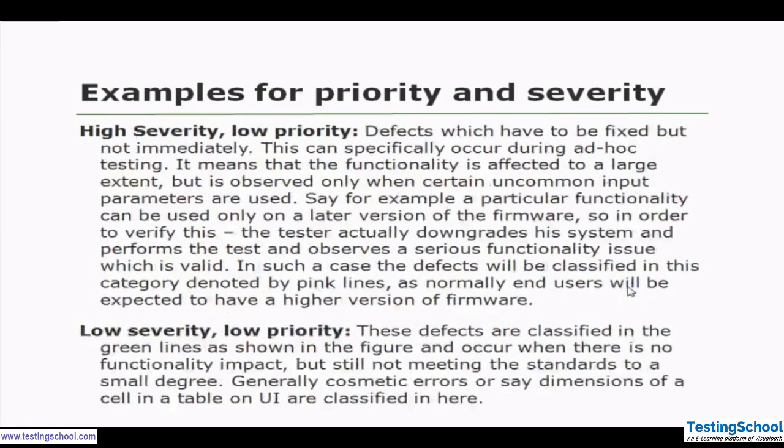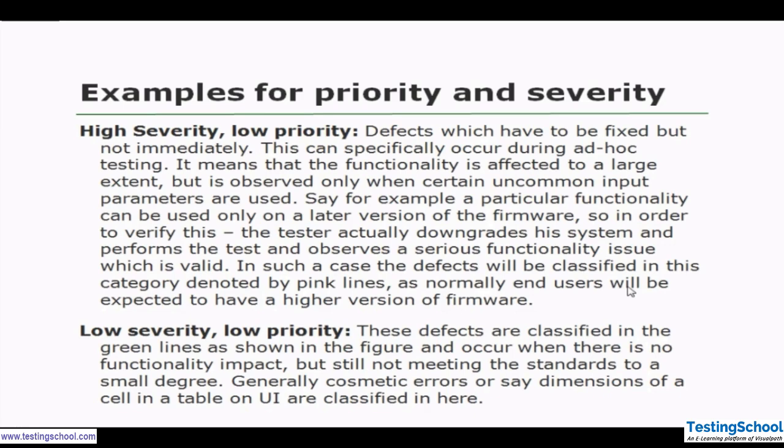Then we have the high severity and low priority. High severity means the testing cannot continue, but the priority is low: it is impacting the system more, but the developer can fix this defect later.